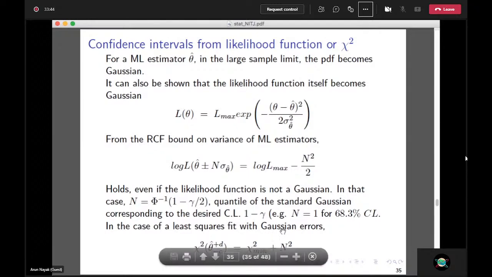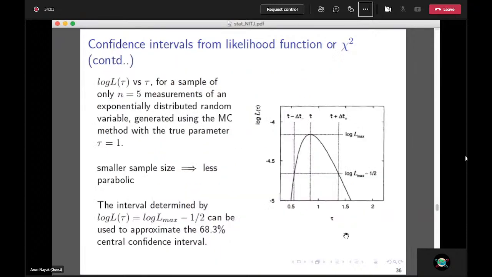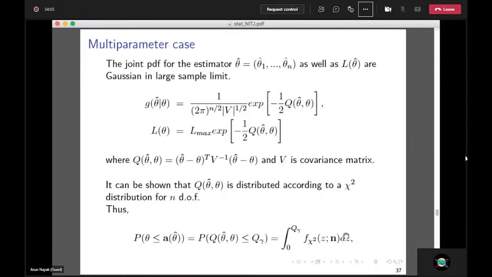So the value at which the chi-square increases by n square gives you the corresponding n standard deviations, right? For one standard deviation, the chi-square should increase by 1 with respect to its minimum. Okay, I already discussed this. I can skip the multi-parameter case, I guess.